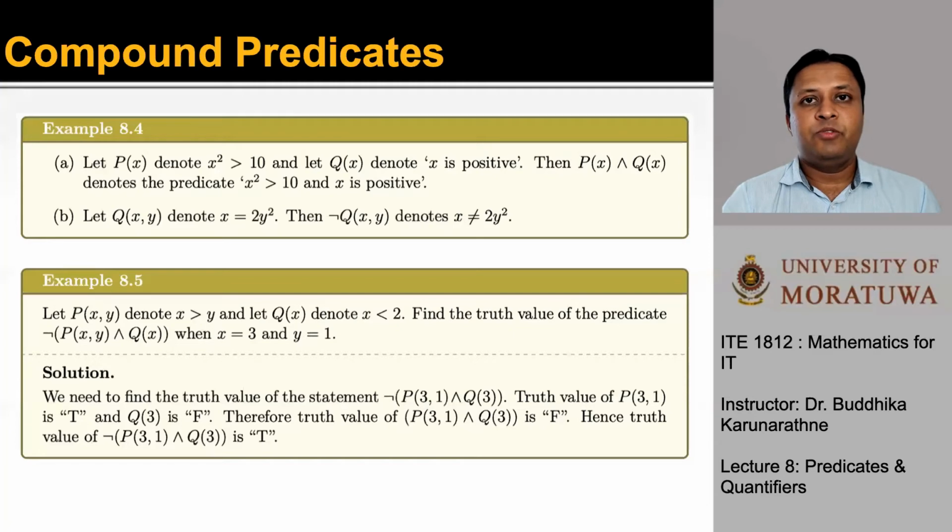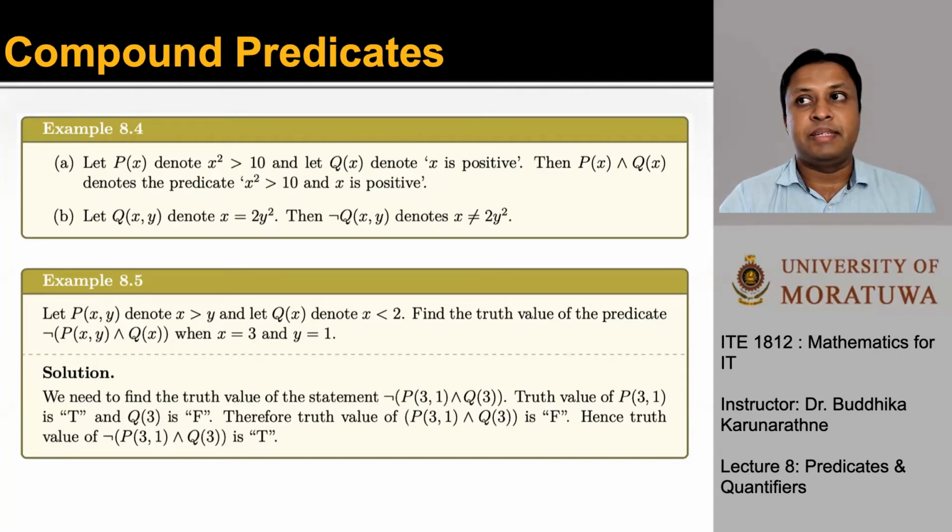Now we will move on to more examples with compound predicates. Example 8.4, part A, let P(x) denote x squared greater than 10 and Q(x) denote x is positive. So in this case, P(x) conjunction Q(x) denotes the predicate x squared greater than 10 and x is positive.